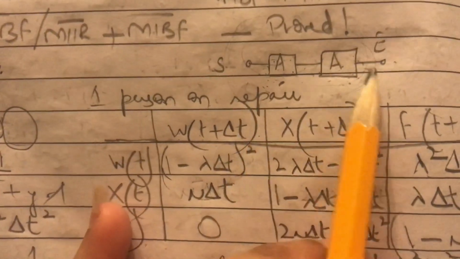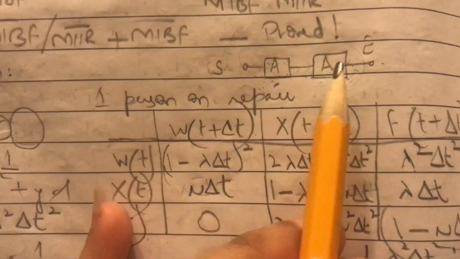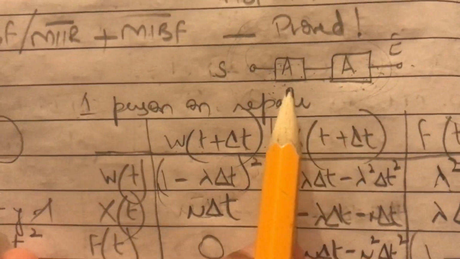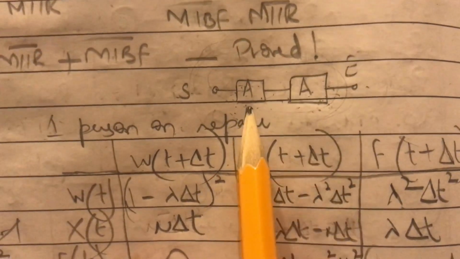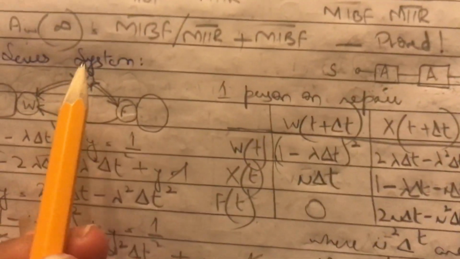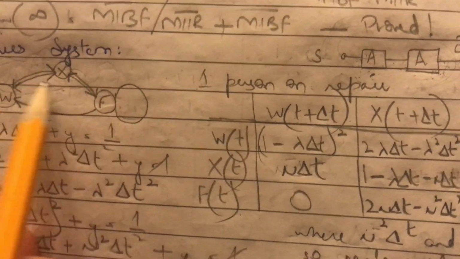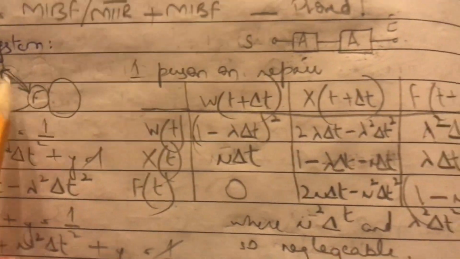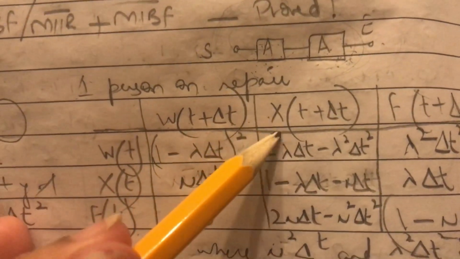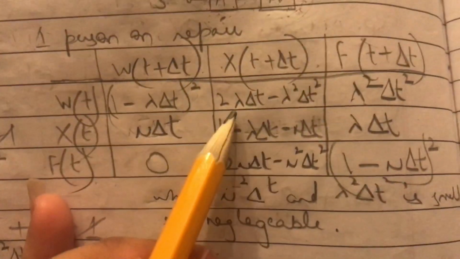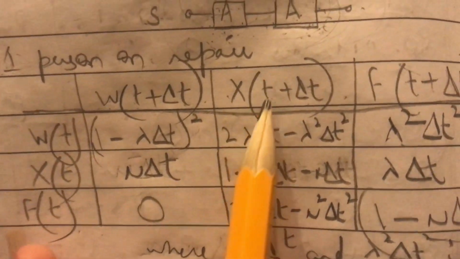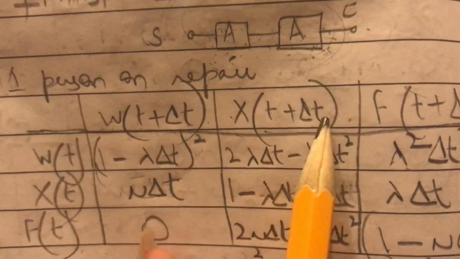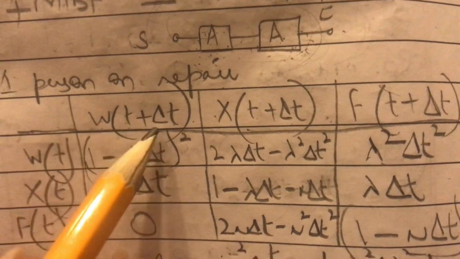When we are talking about two components, whether in series or parallel, we have added one more component, so we have to go for X. So we have added the random variable, and it will go from t to t plus delta t as a transition state.